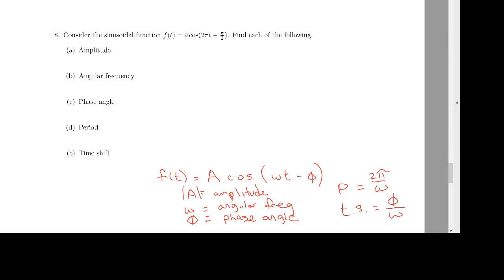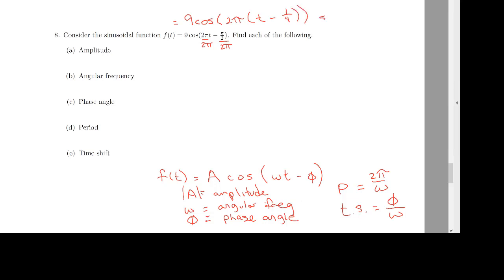The easiest way to say this is, I should write this as 9 cosine of 2 pi times, if I factor out a 2 pi, t. I basically am dividing this by 2 pi and this by 2 pi. That becomes t minus 1/4.